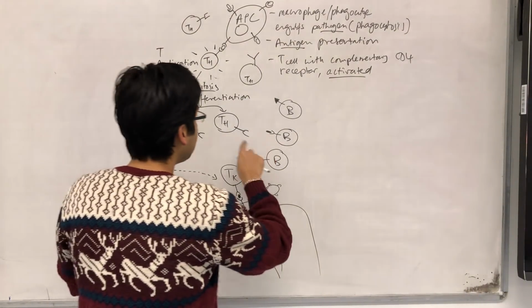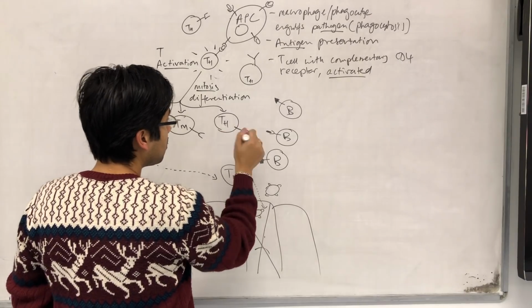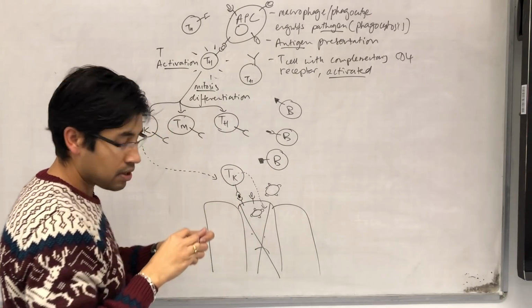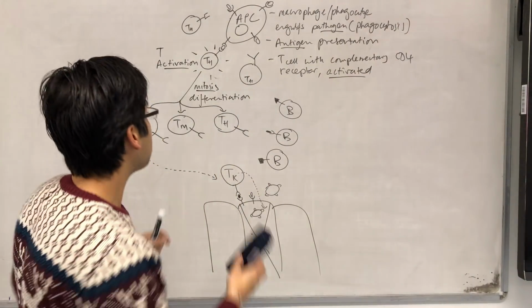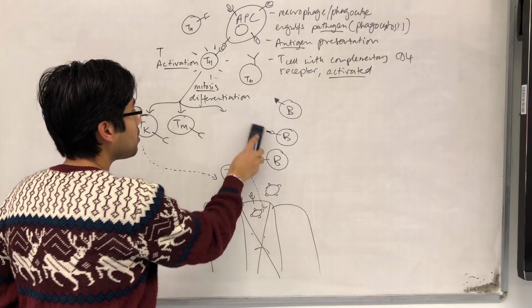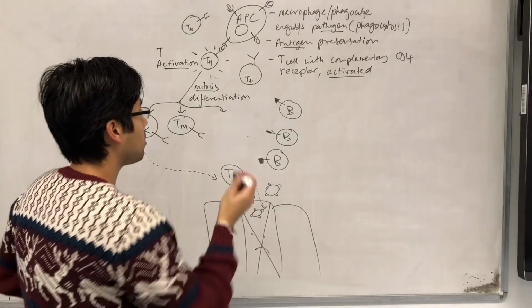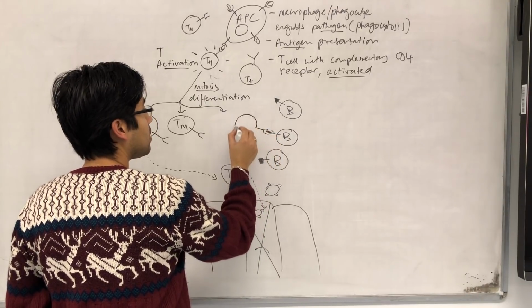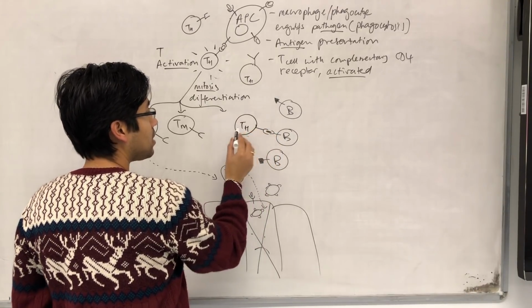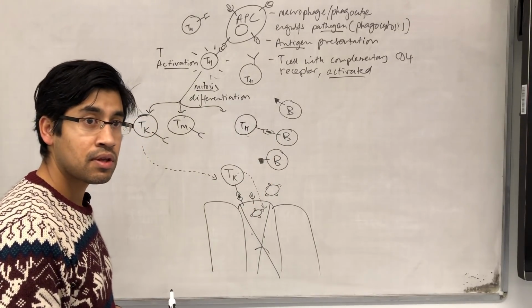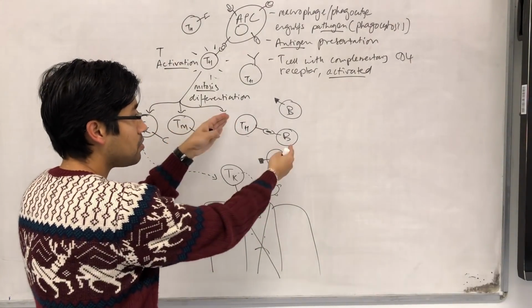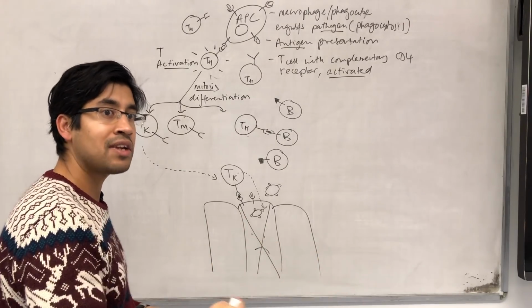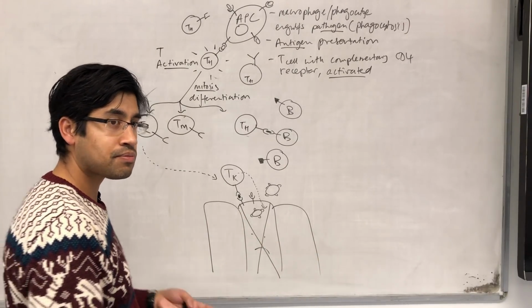So this T helper cell moves throughout the body, and in a very similar process, because it binds the same antigen that the B cell is binding, they undergo some kind of a handshake where they recognize each other.